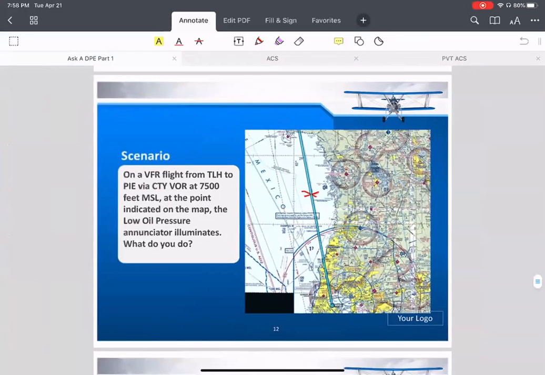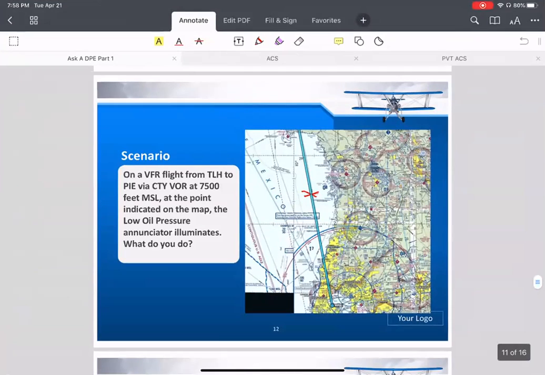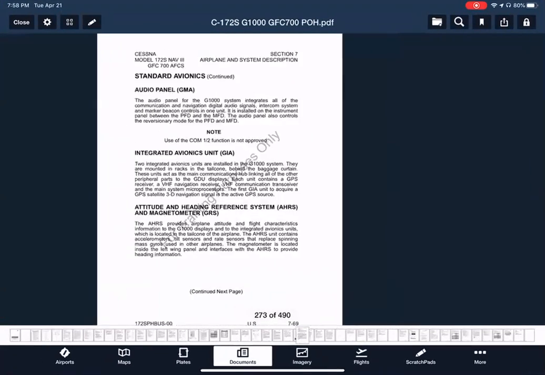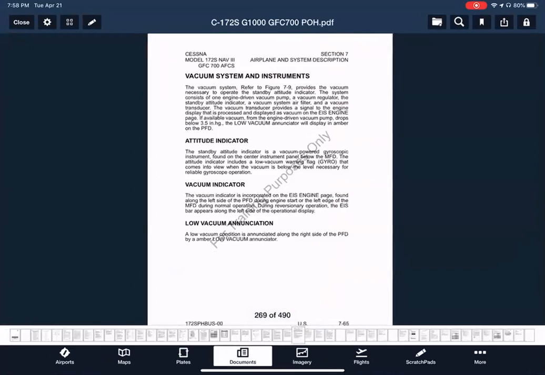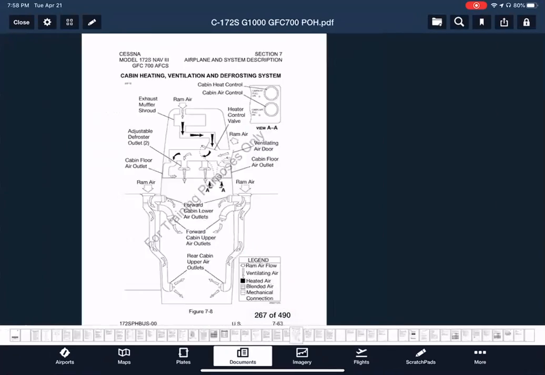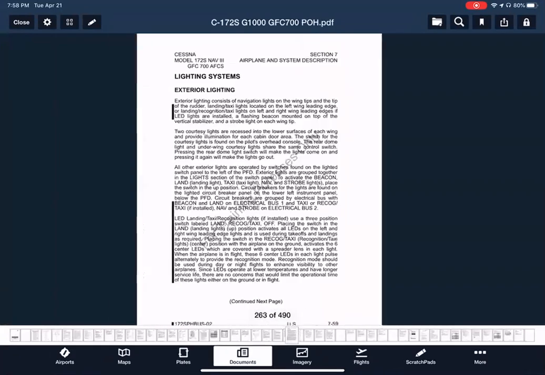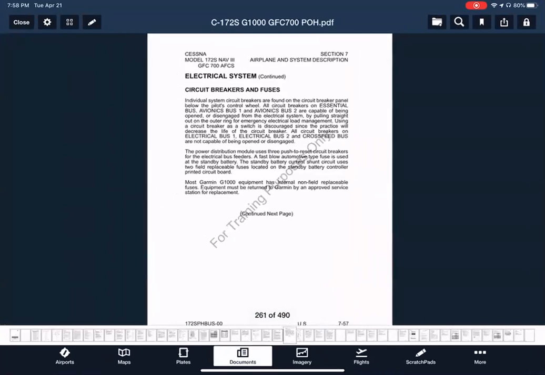Now I want to go back to the POH because you were heading in a good direction there. So knowledge of the system is a very important item, and so we knew that there are two pressure switches.